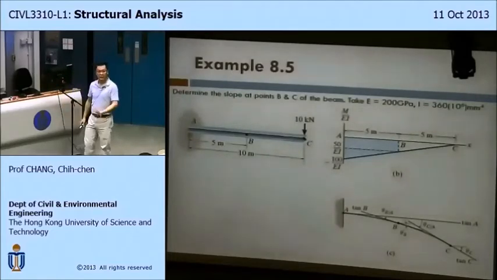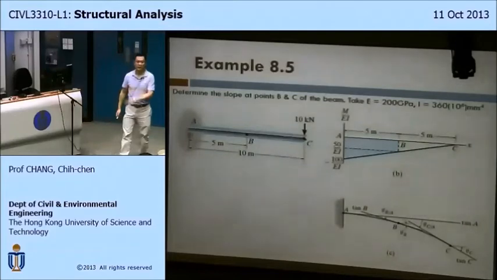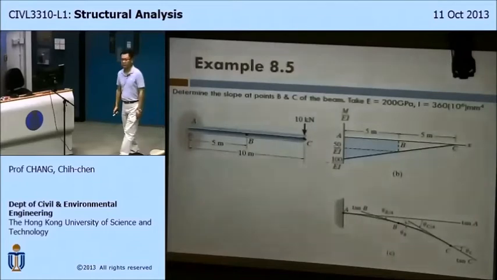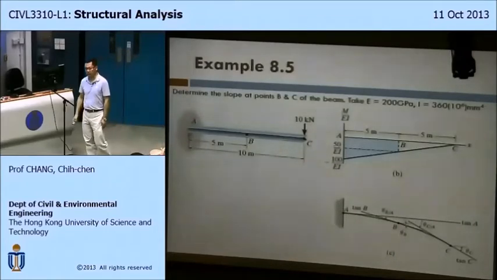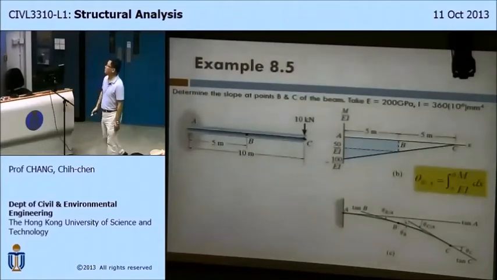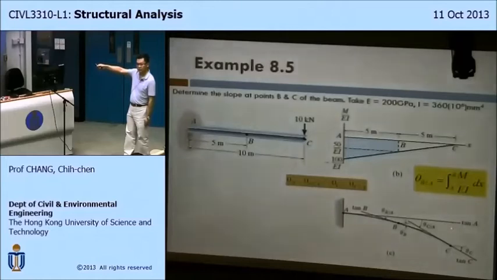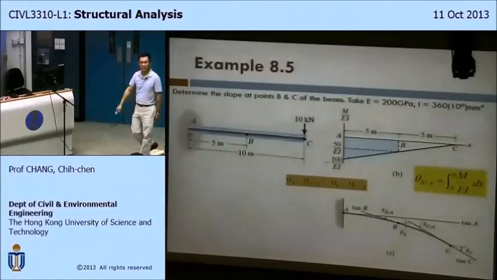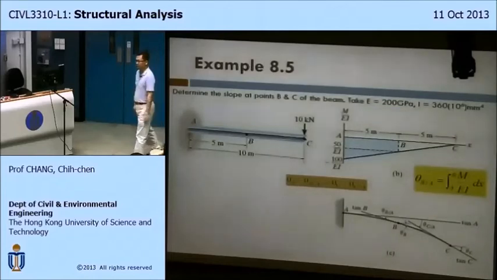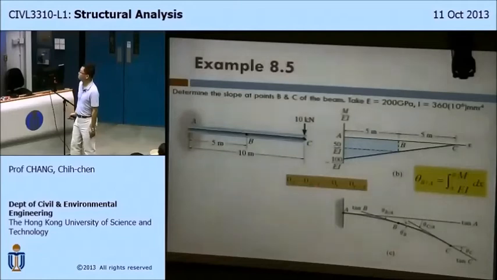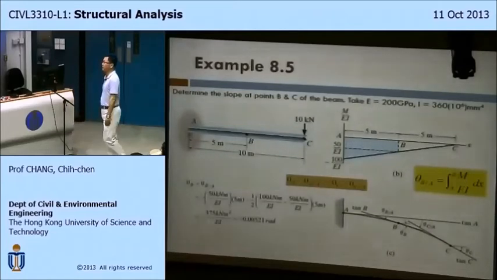So you can directly just use the first moment area equation to obtain the rotation angle at B. Very straightforward. Same thing for C, because rotation angle A is equal to 0, so theta C is the relative angle change between A and C. So the calculation then becomes very straightforward.